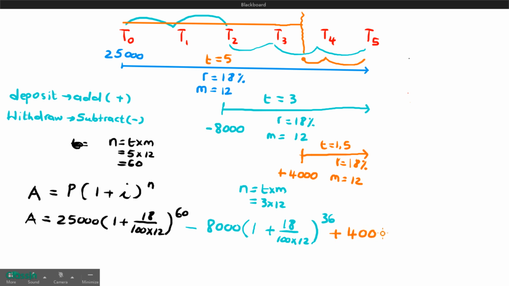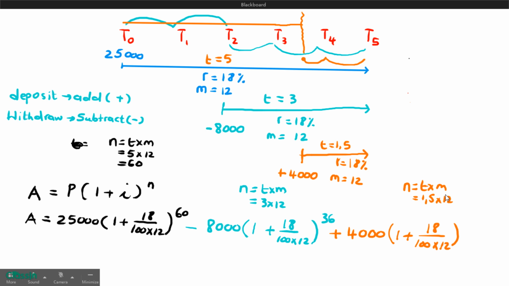We are talking about the same account. When we talk about the same account, it means we work with that value as one thing. Therefore, 1 plus, your rate is 18 over 100, multiplied by 12. Then how much is your T? Your N is equals to T multiplied by M, which is the same as 1,5 multiplied by 12.